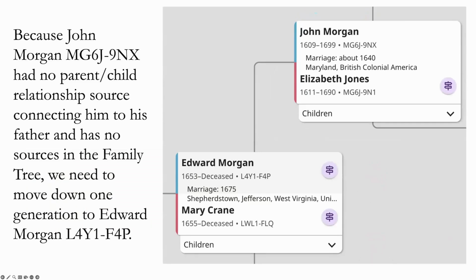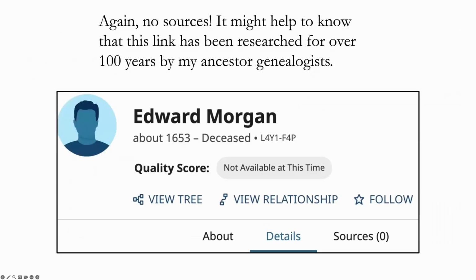I'm saying that because John Morgan had no relationship source connected to him and no sources in the family tree. So then we go down to Edward. And that's what I just did. But I gave you a little preview and said he has no sources attached. It might help to know that this link's been researched for over 100 years by my ancestors. 100 years of genealogists have not found Edward Morgan.